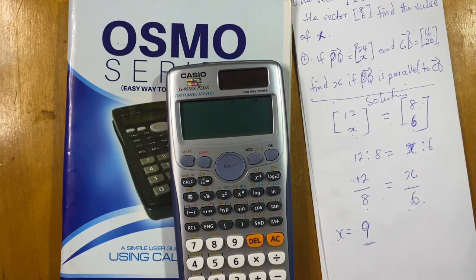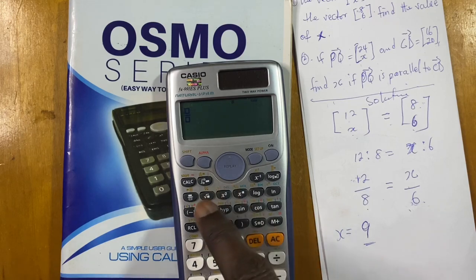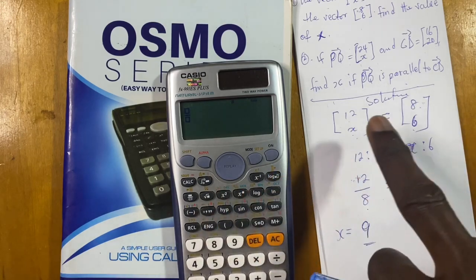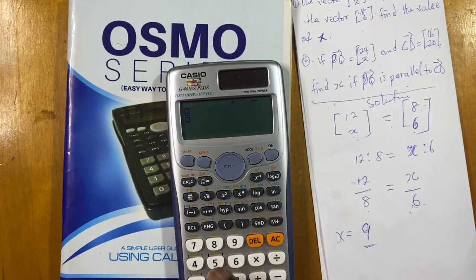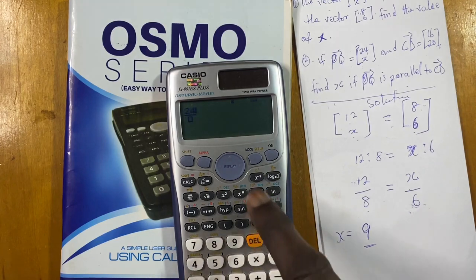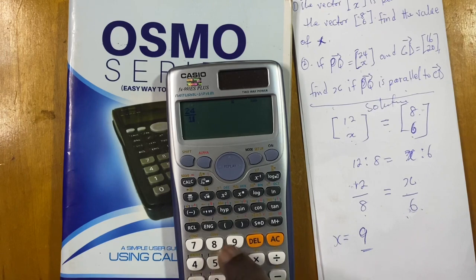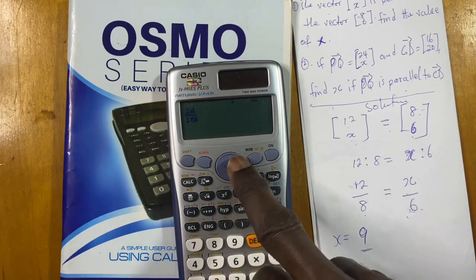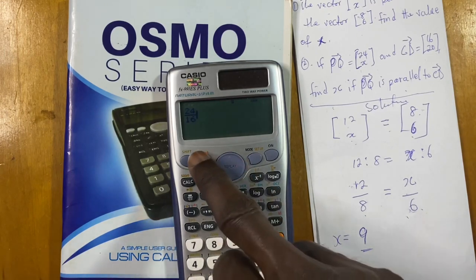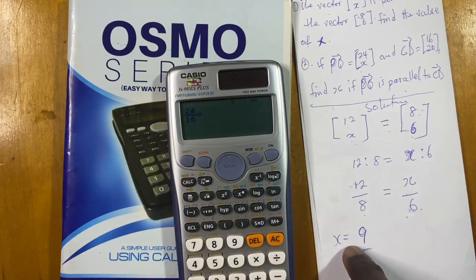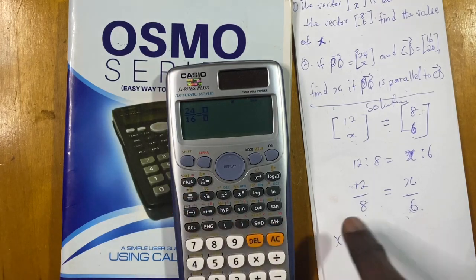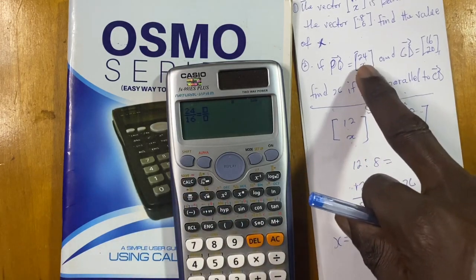So now you go to your fraction key quickly. The next thing you have to do is enter the value 2, 4. You come down to have 16, and then you move the cursor right to have your equal sign. You press the fraction key, then you enter x.